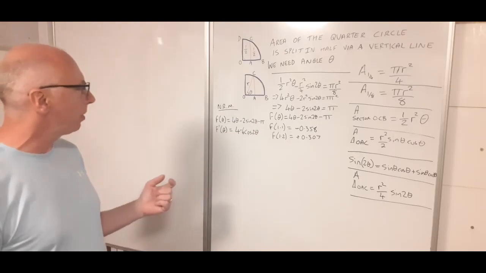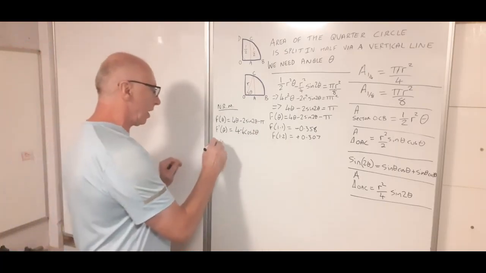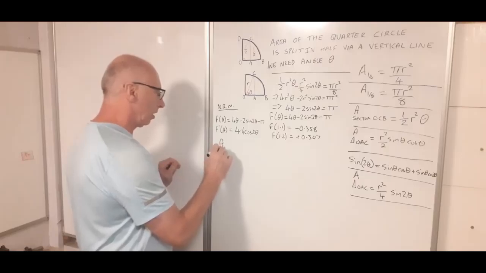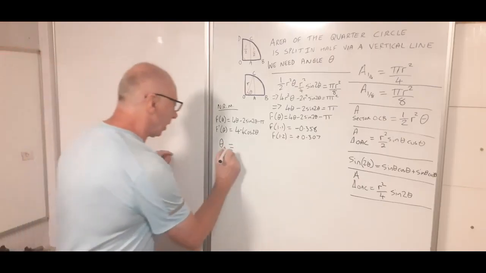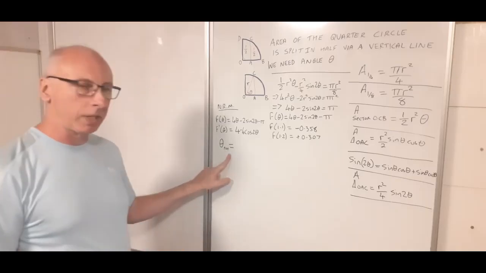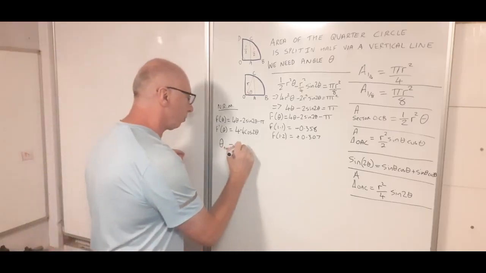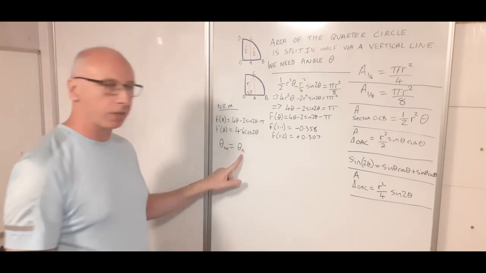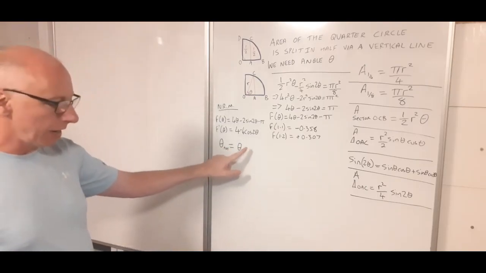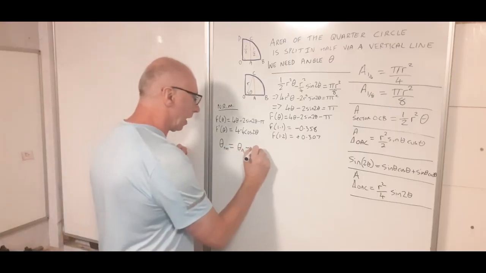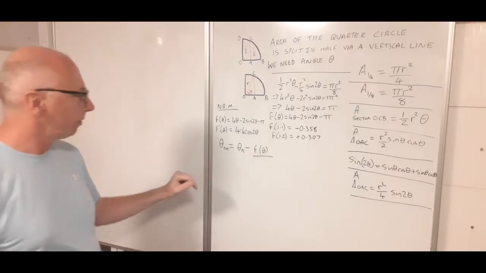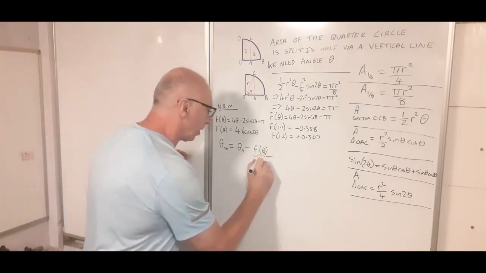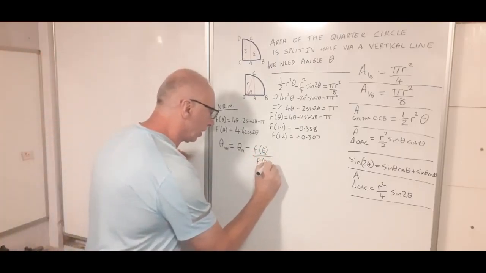Now, the Newton Raphson method is an iterative method. What that gives me is that theta n plus 1, the next one in the sequence, will require theta n, the previous value. Then I subtract f of theta n, divided by the derivative at theta n.